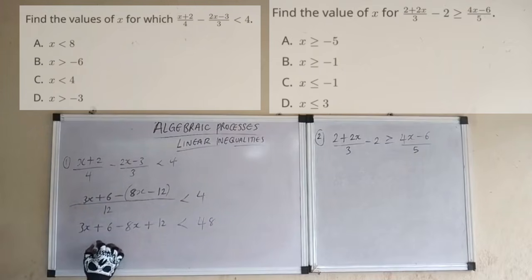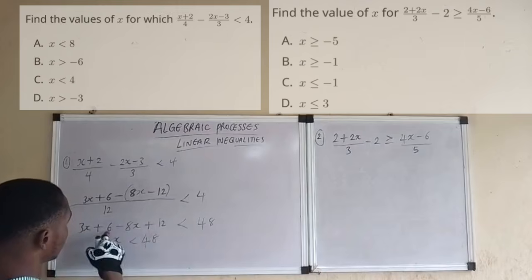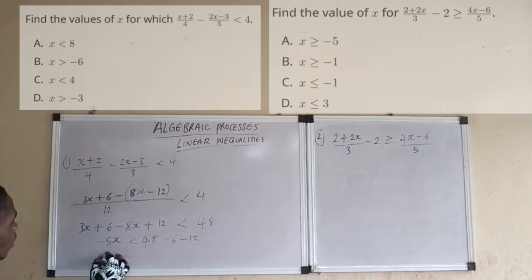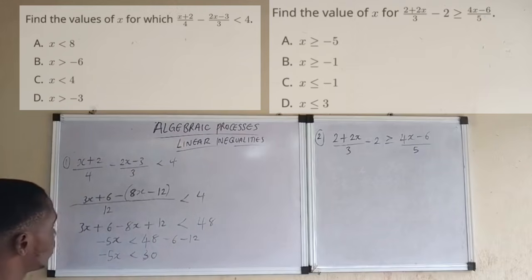Now 3x minus 8x, that's minus 5x. Then less than 48 minus 6 minus 12. So we're having minus 5x less than minus 18. So that's going to give us 30.